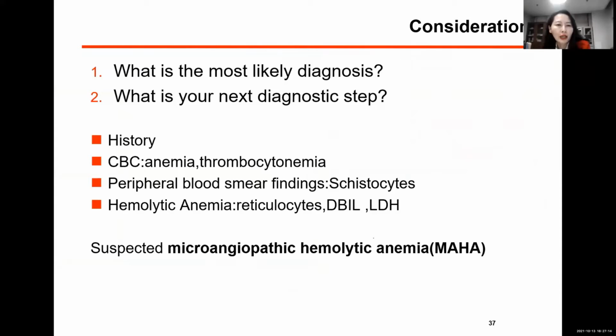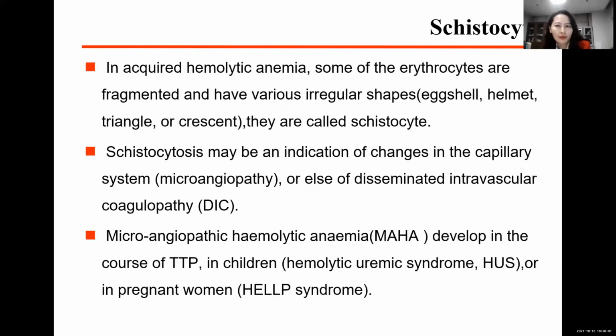Combining her history, bleeding history, her CBC results of anemia and thrombocytopenia, peripheral blood smear findings of schistocytes and hemolytic anemia, reticulocytes, indirect bilirubin, and LDH, we think the most likely diagnosis is microangiopathic hemolytic anemia, MAHA.